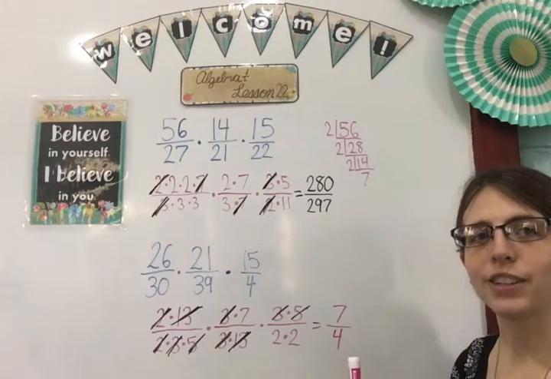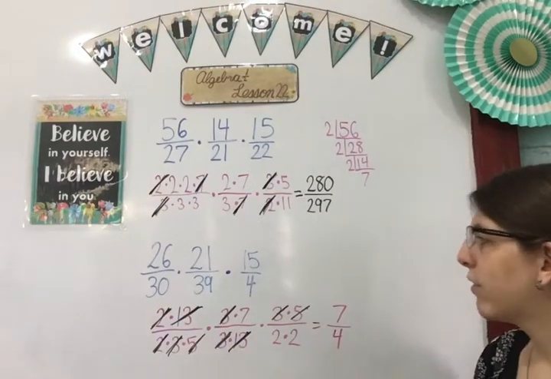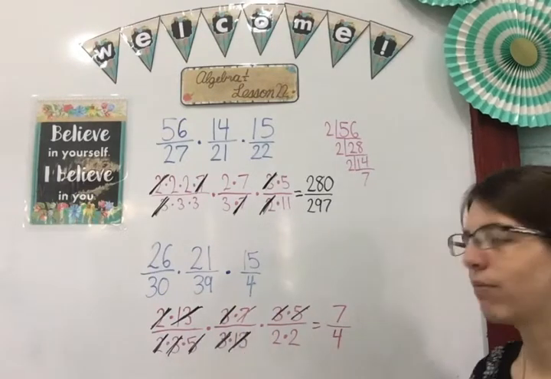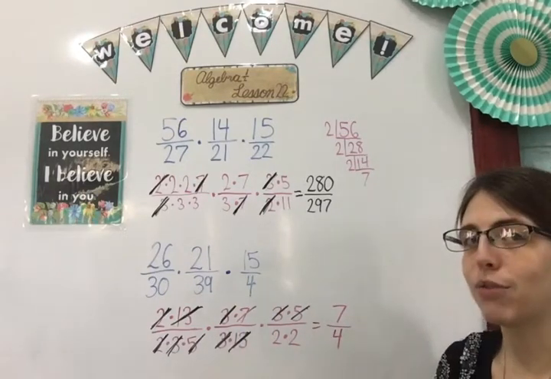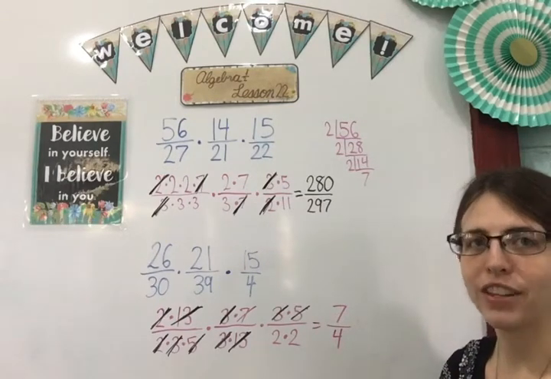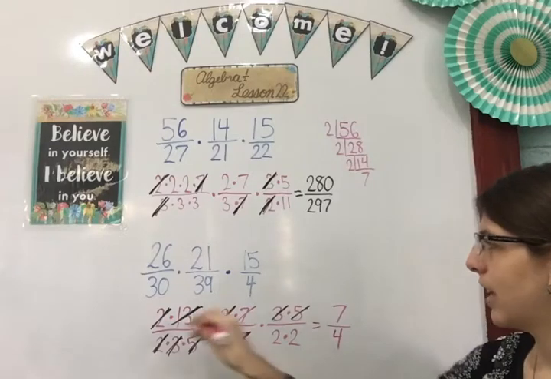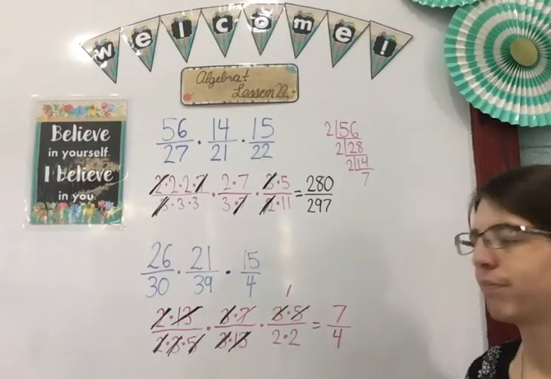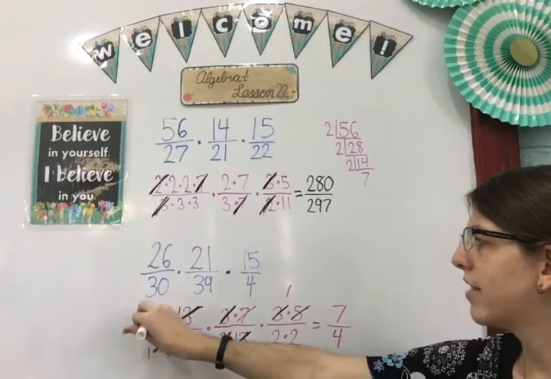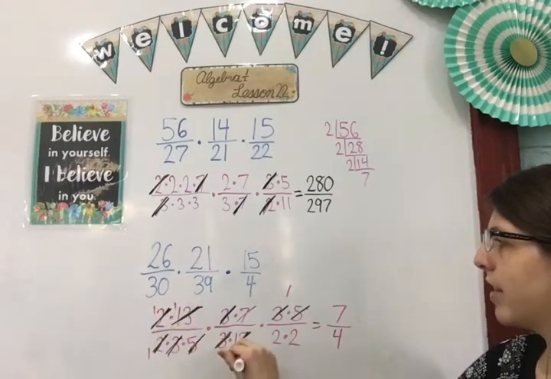Now I want to ask you a what if question. What if we had been able to cancel out this 7 as well? I would have been left with no numbers. So what then? Well, when you cancel everything out, what's left here is 1. Because really, when I canceled it out, this becomes 1, this becomes 1, this becomes 1, this becomes 1.